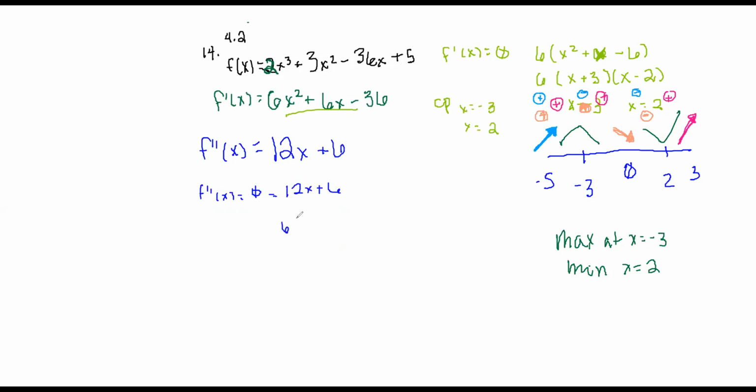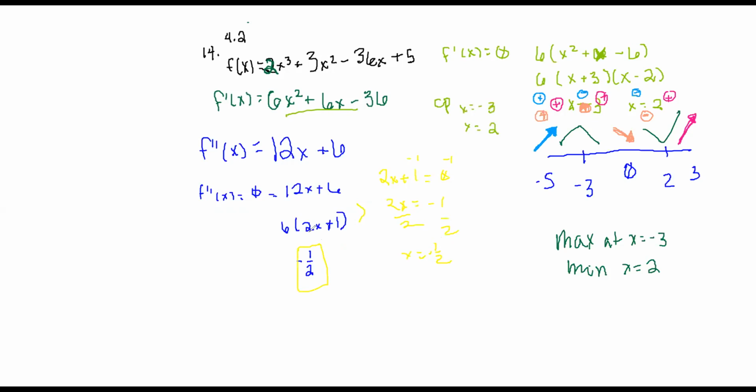I'm going to factor out the 6. So x is equal to -1/2. One way that you can do this is you can separate it out. You can say 2x plus 1 is equal to 0. 2x is equal to -1.